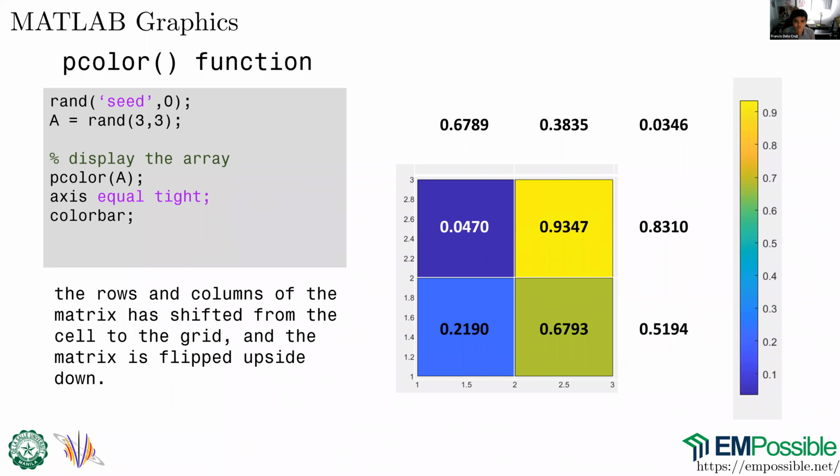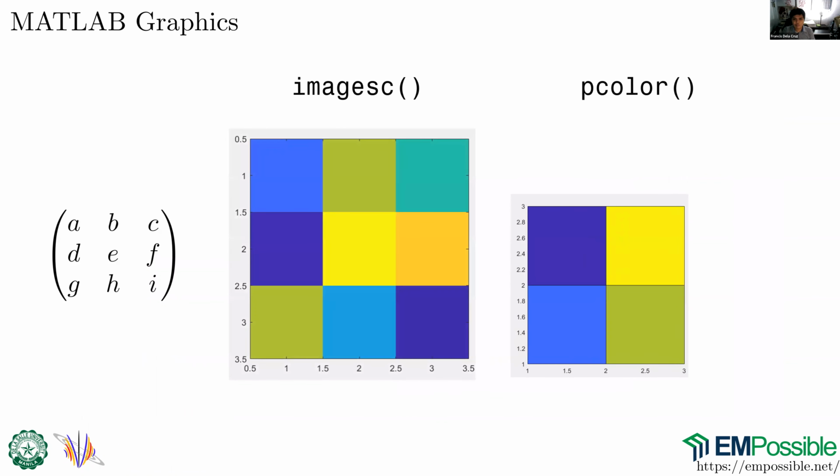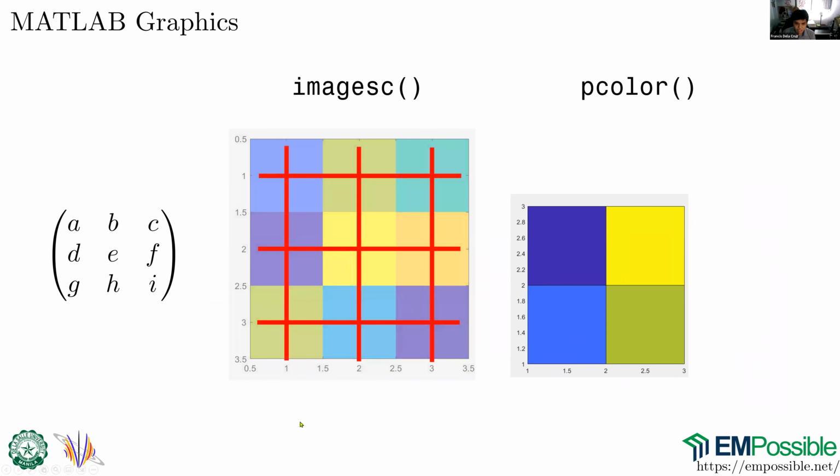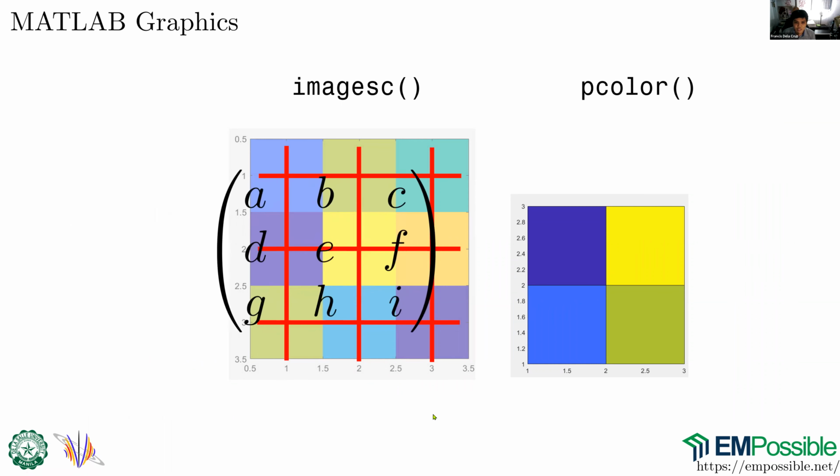So let's try to visualize it. Let's compare image SC and pcolor. So you have a matrix with elements A, B, C, D, E, F, G, H, I. For image SC, 1, 2, 3, 1, 2, 3, it means that each element will be filled inside the cell. So these are your grid lines.